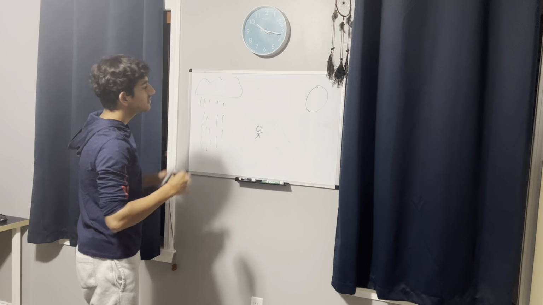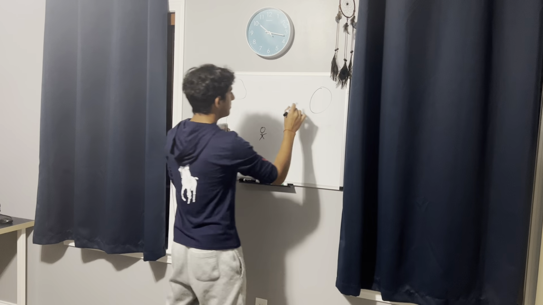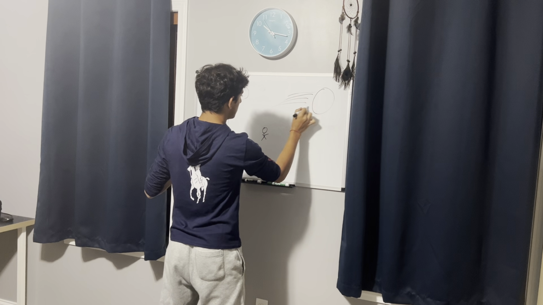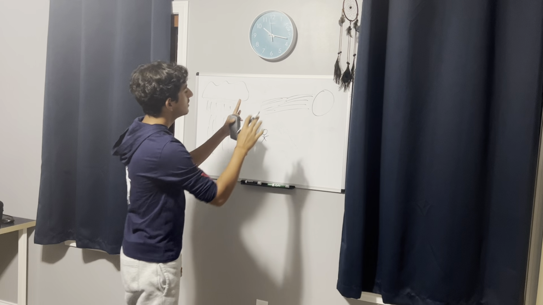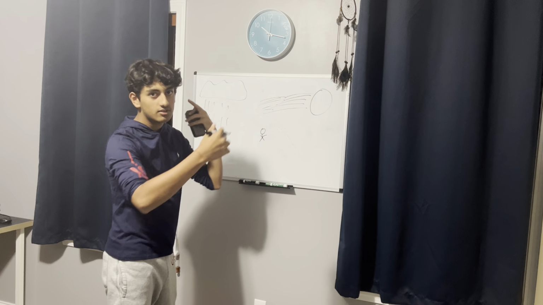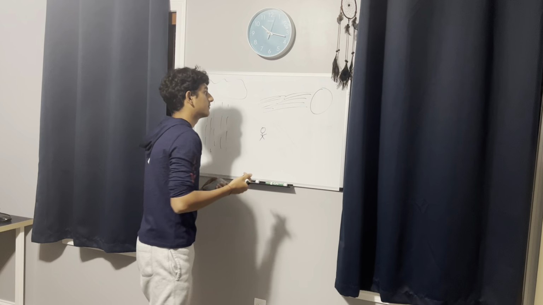So now, how does a rainbow work? What happens is the sun's rays come into Earth and reflect onto the raindrops. The sun rays are formed of every single wavelength in the light spectrum.